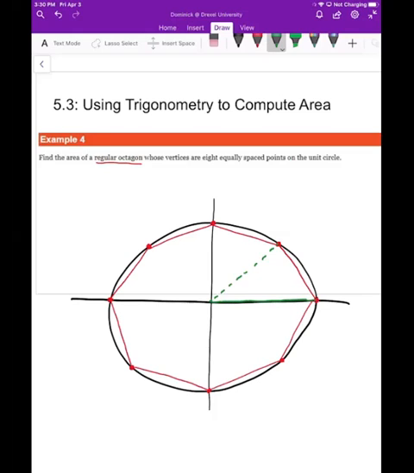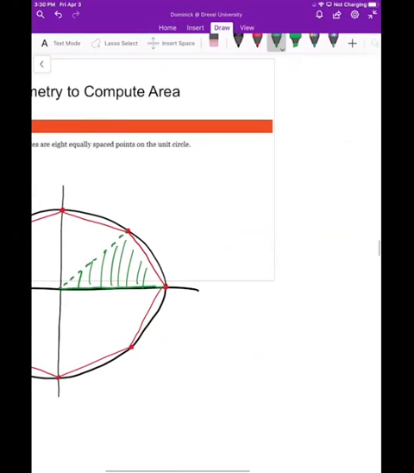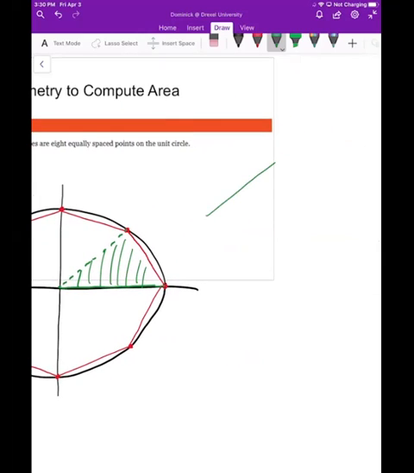Now, if we look at this, we no longer have a right triangle, but that's okay because we've now talked about how to look at one of these things for a non-right triangle. And again, the advantage of using 8 equally spaced points is that if I find this, I need to multiply it by 8 and I'll be in good shape, right?